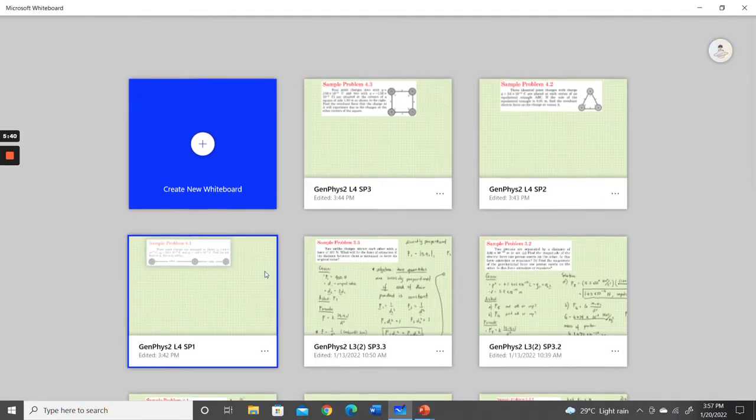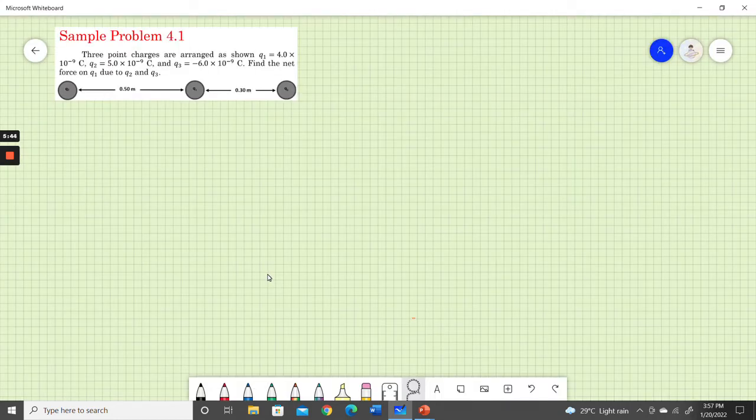Okay, so let's start with sample problem 1. This is a simpler one, since we're dealing with just a straight line. In our sample problem 4.1, we have 3 point charges arranged in a straight line.